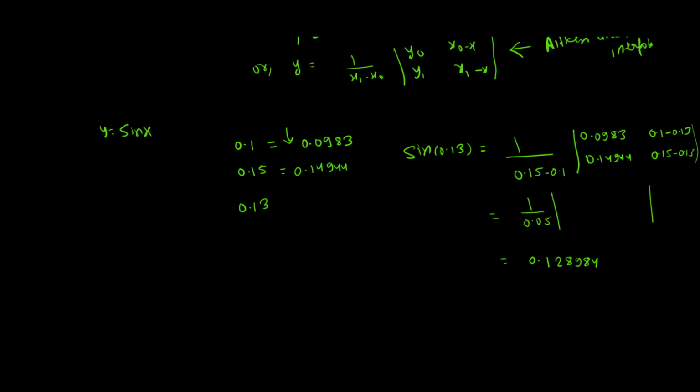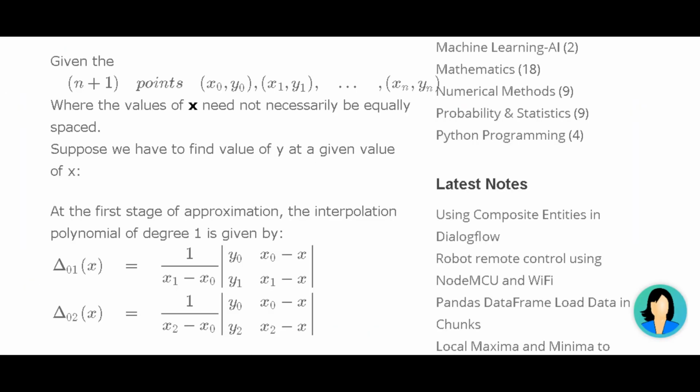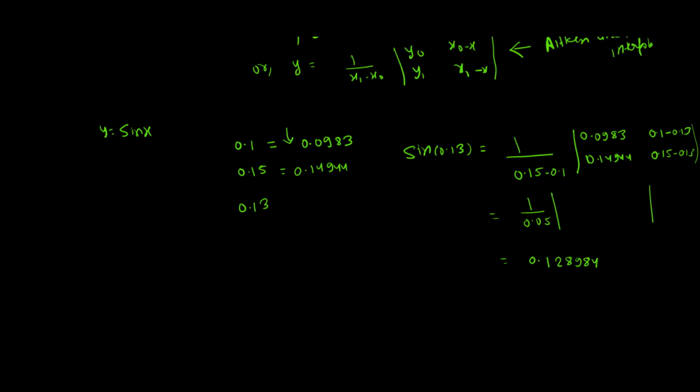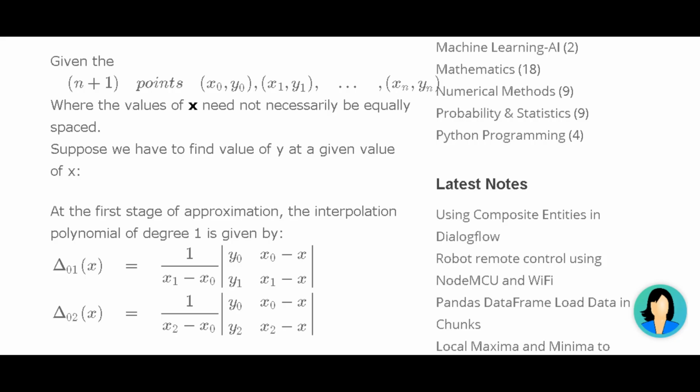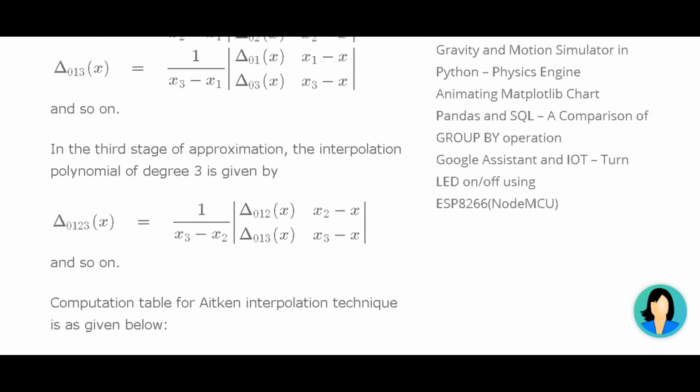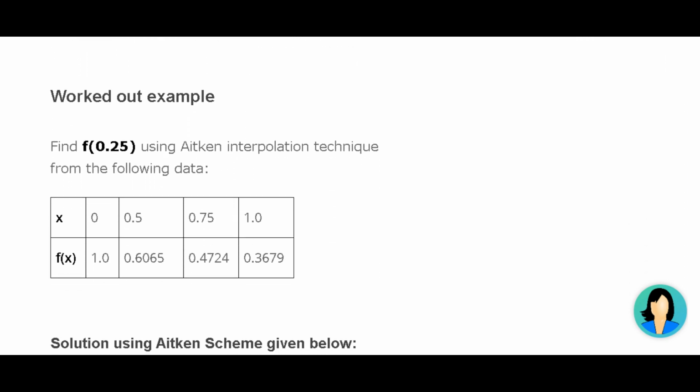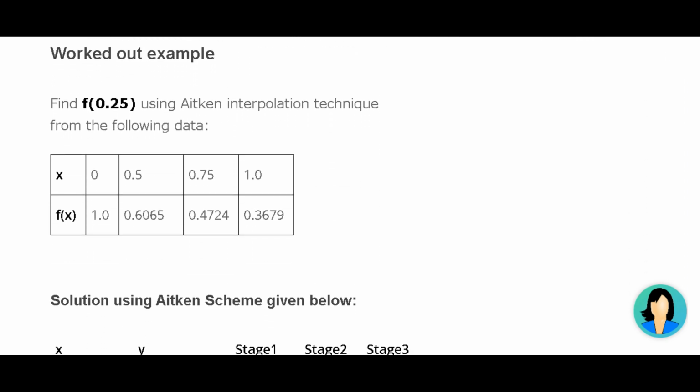Okay, let me show you another example here. Consider we are given n plus 1 data points, that is x0, y0, x1, y1, and up to some xn and yn. This is the formula only. Suppose this is my example, that we are given these 4 data points, and we need to evaluate the value of f(x) at x is equal to 0.25 using my Aitken interpolation technique.